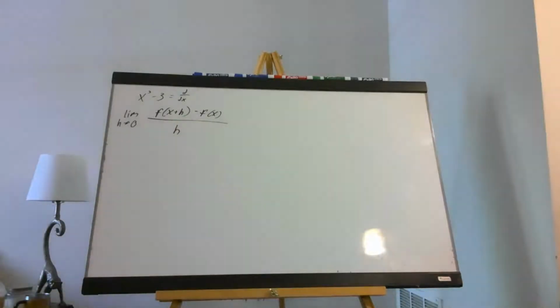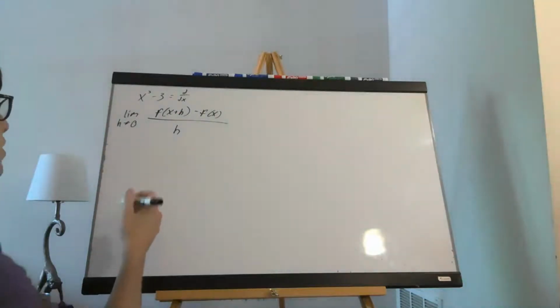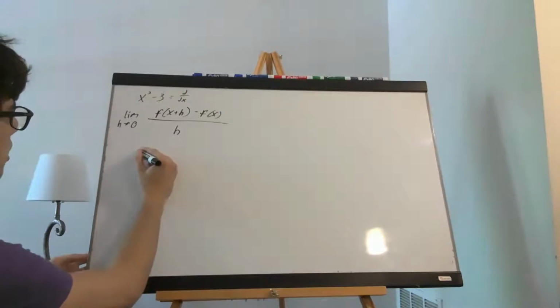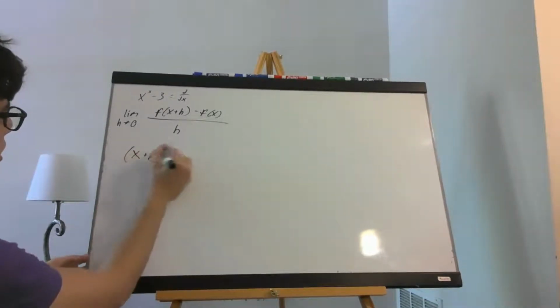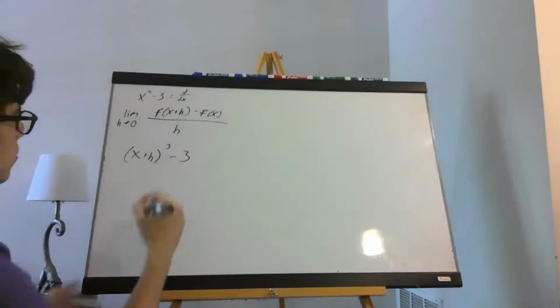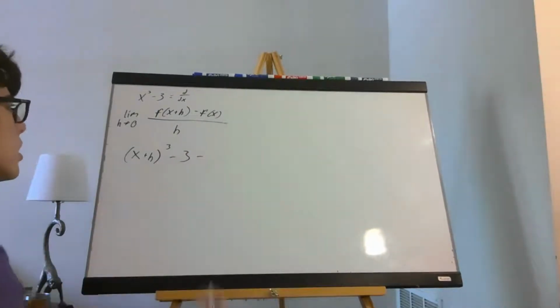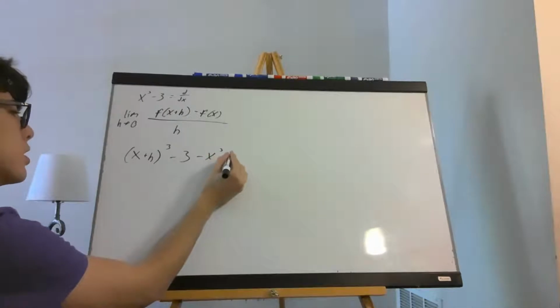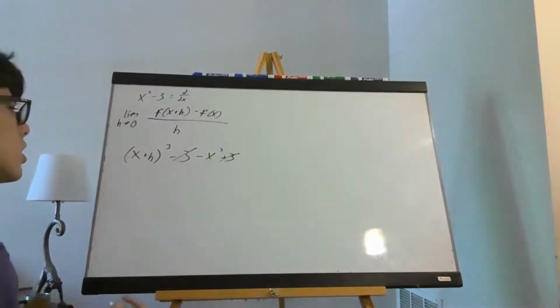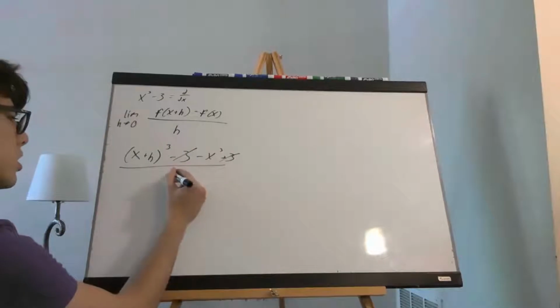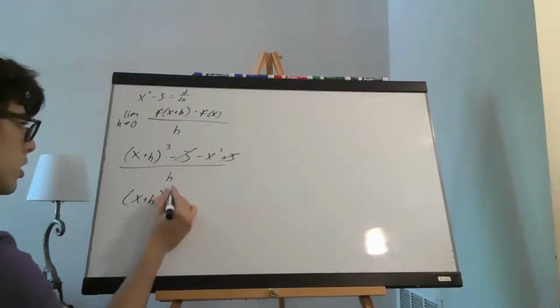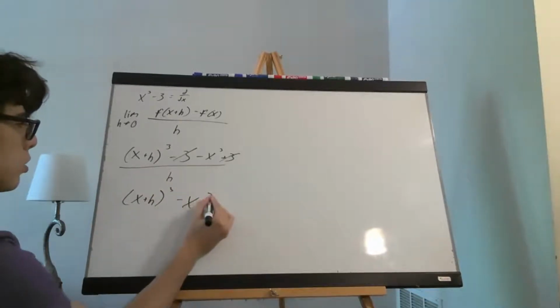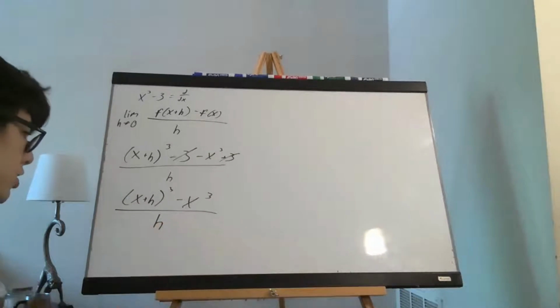So let's see if this works. f of x plus h, that's going to give us x plus h cubed minus 3 minus x cubed plus 3, all over h, which will give us x plus h cubed minus x cubed over h.